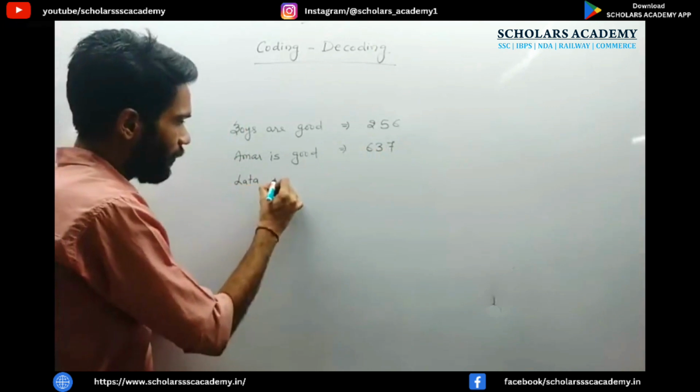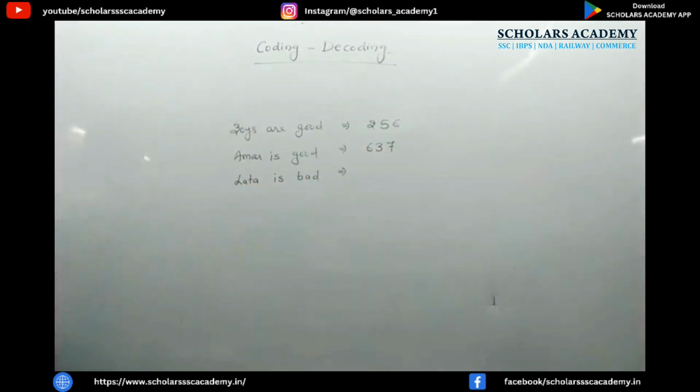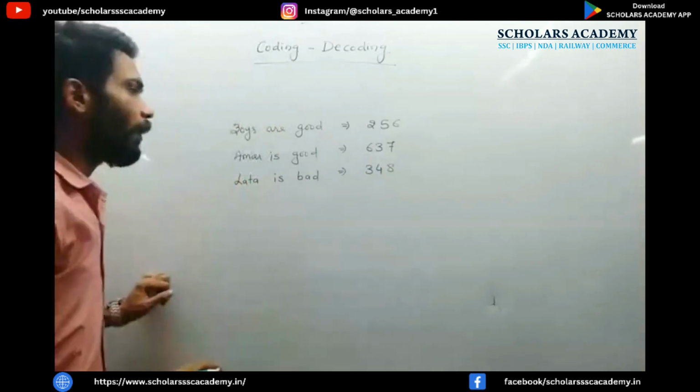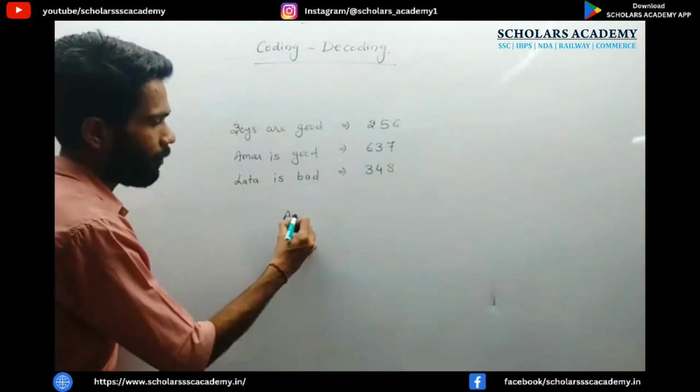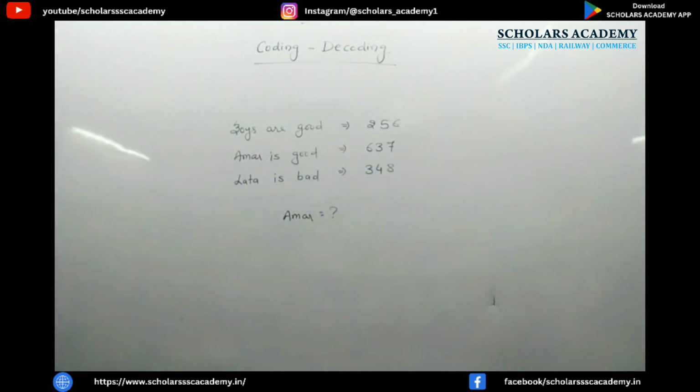Lata is bad is coded as 348. So what is the code for Amar they are asking? Not a very tough question. Small hints are given. Yes, what is it? 7 only. Clear?